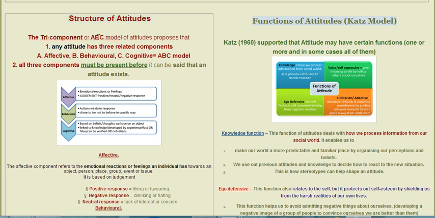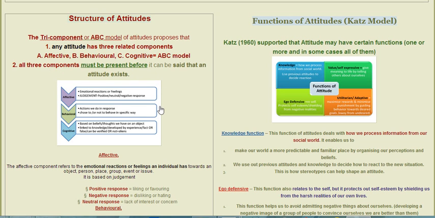It's called ABC because they believe that any attitude has three interrelated components: A for affective, B for the behavioral component of this attitude, and C the cognitive part of this. That's why it's called the A, B, C model.